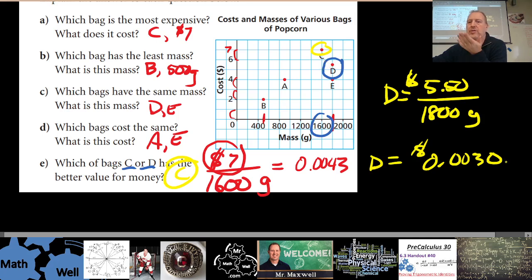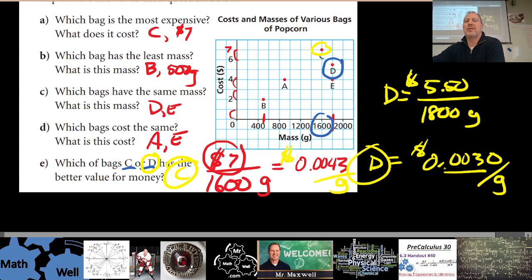Okay, that's fine. So we asked which was the better value. You see how D costs less per gram? This is per gram. So it's a really small number, but you have $0.003 per gram, and here's $0.004 per gram. So this D is a better value.